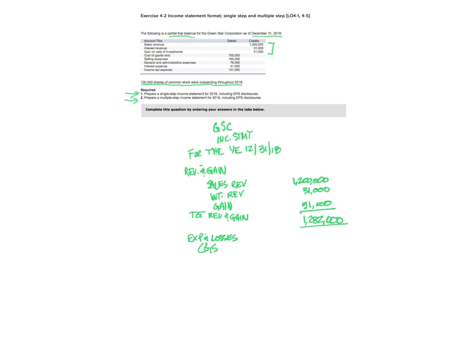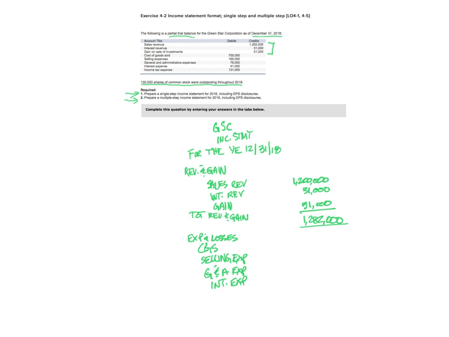We have selling expenses. We have general and administrative expenses. And we have interest expense. And since we're doing the single step income statement, we can just group all of those expenses together.